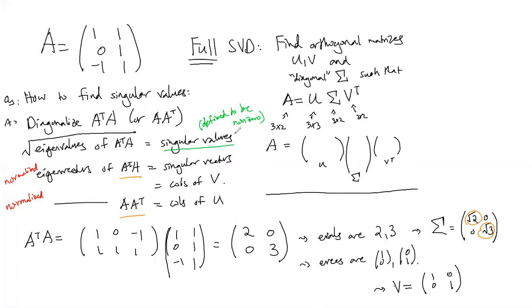Maybe this is going against the definition of the book, but I think the singular values of a matrix are always assumed to be the non-zero square roots of the eigenvalues. That might be false, actually. I don't know.